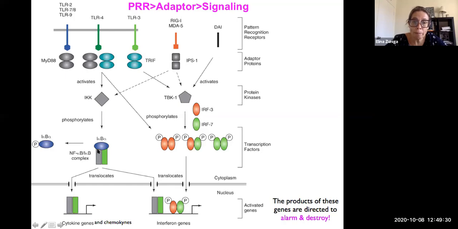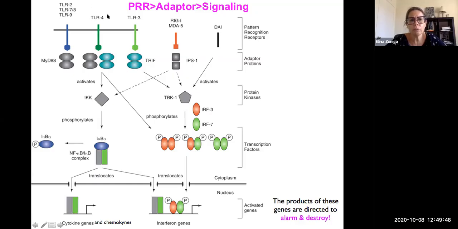And so now NF-kappa B will be free to translocate into the nucleus and promote the transcription of cytokines and chemokines, which are the products that will lead to alarming and destruction of the pathogen.